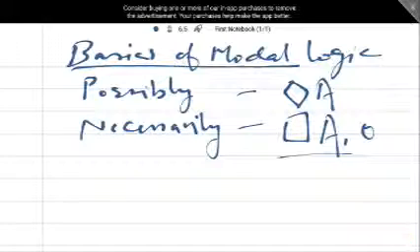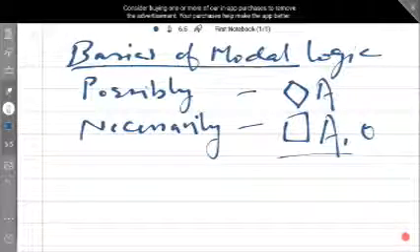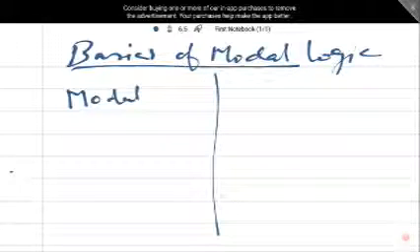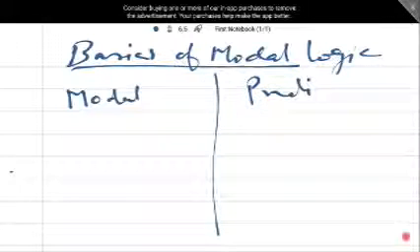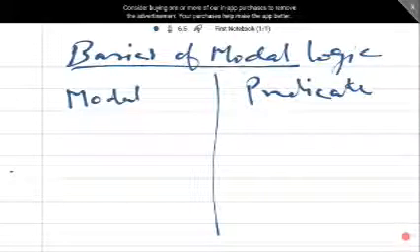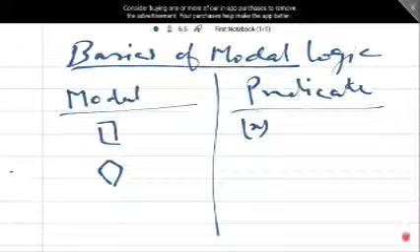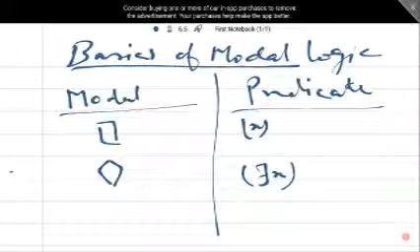Okay, so these two expressions are very similar to quantifiers in our propositional and predicate logic. In modal we have square, here we had for all x, and diamond, and some x.